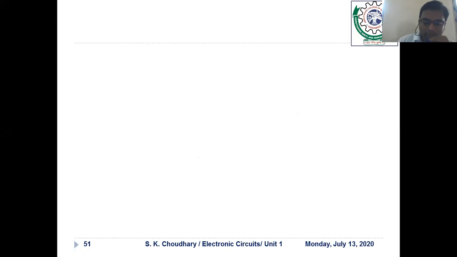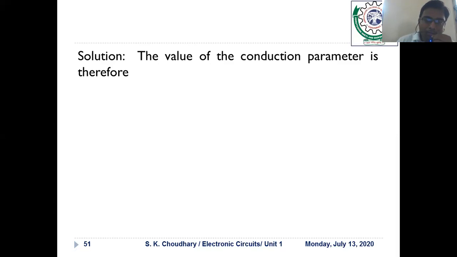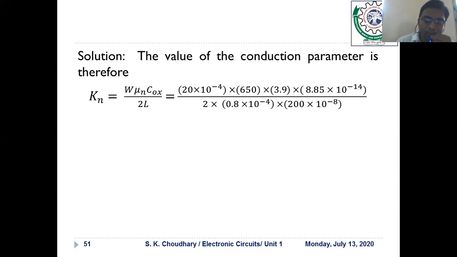Some have solved it correctly, but now I will discuss it. First of all, we have to find the value of the conduction parameter, capital Kn. The formula is mu n Cox W by twice L. All the values are given. W is given as 20 micrometer, so we convert it to 20 into 10 to the power minus 4 centimeter. Mu n is given as 650 centimeter square per volt second, which is why we converted to centimeters.